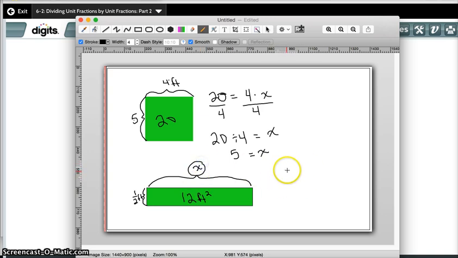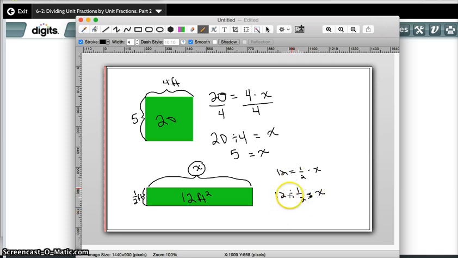We would need to do that the area equals length times width, which is 1/2 times x. x is our unknown width. And we would need to divide. We'd say 12 divided by 1/2 is going to equal my x. Sorry, my computer's lagging a little bit here.